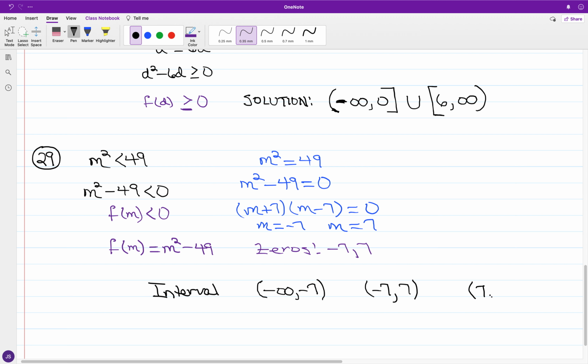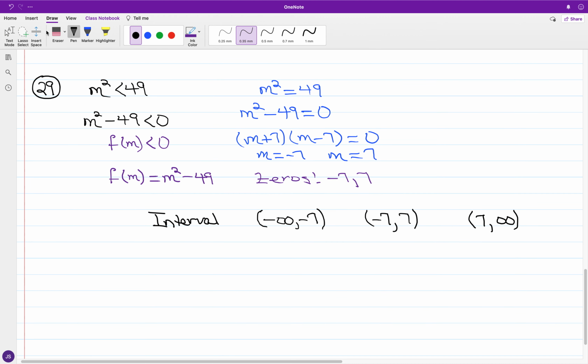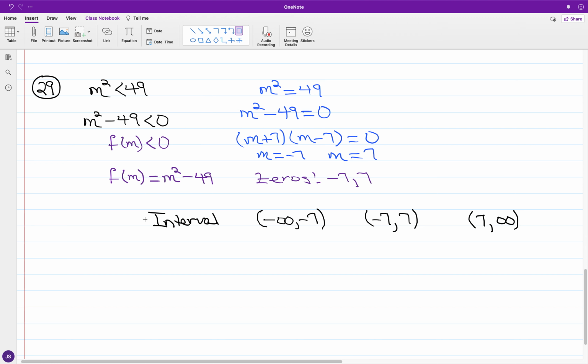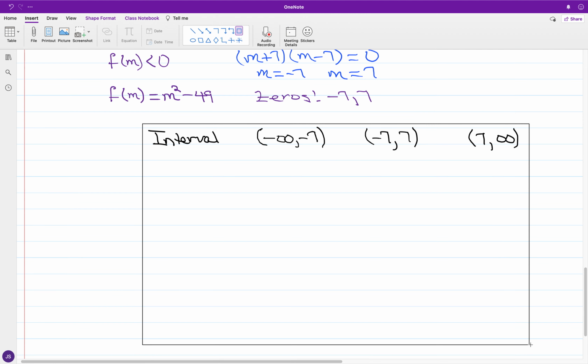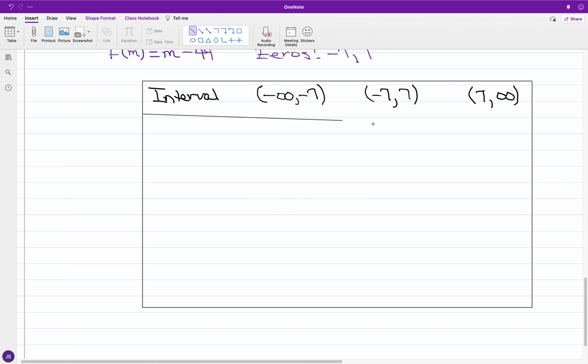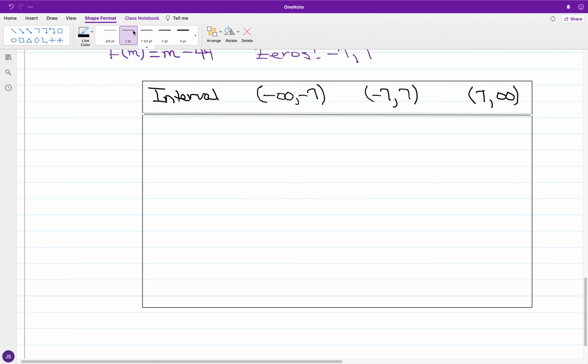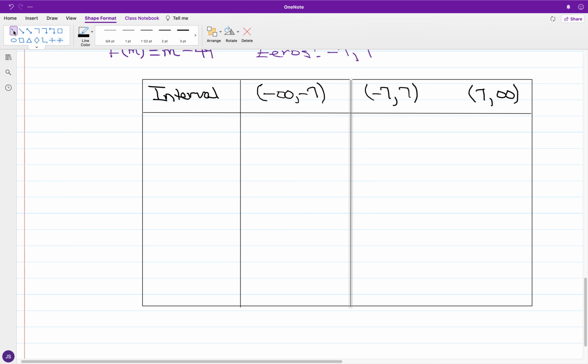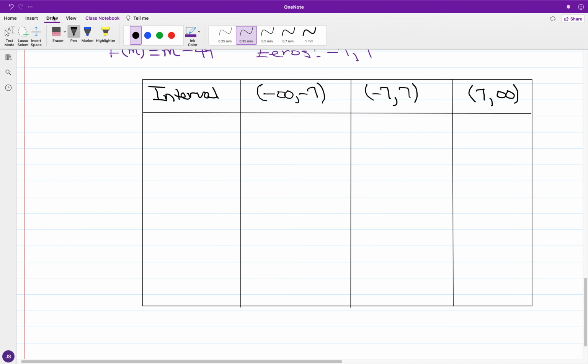Then we have those values of m which would be greater than 7.